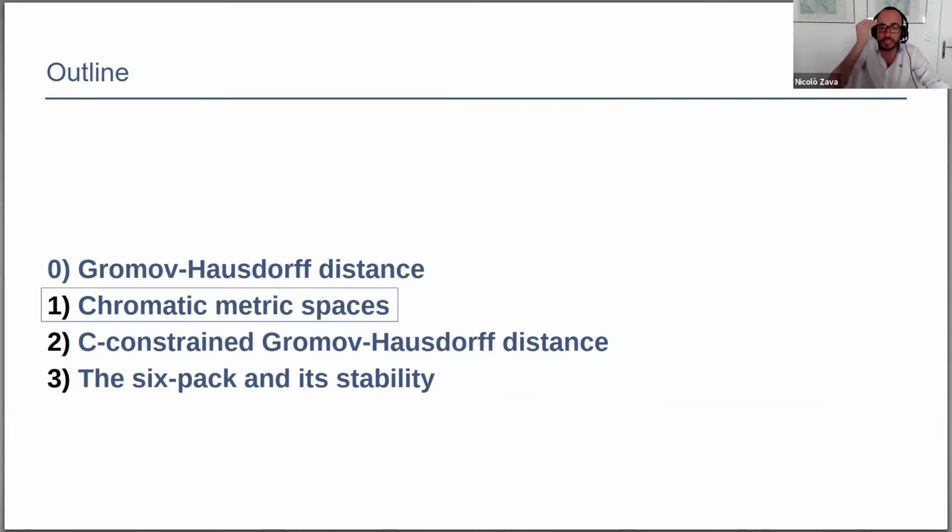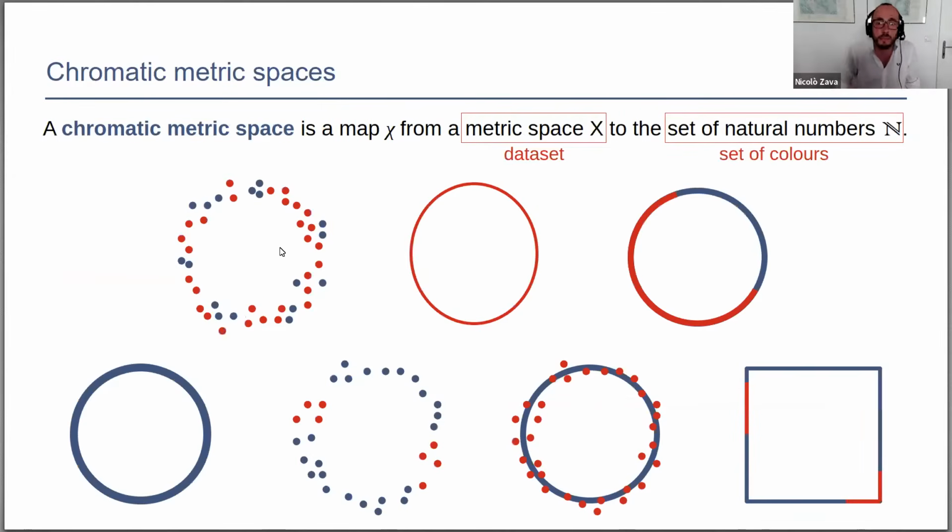Let's move on. Let's try to formalize what I mean by chromatic metric spaces. A chromatic metric space is a data set, a metric space X, and a coloring function, which is a map from the data set to the set of natural numbers, which you should imagine as the set of colors of your palette.